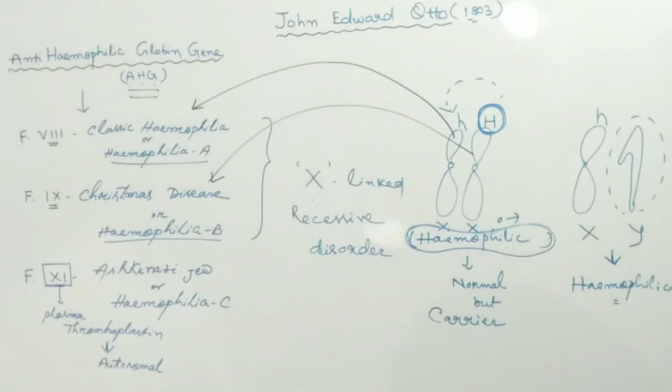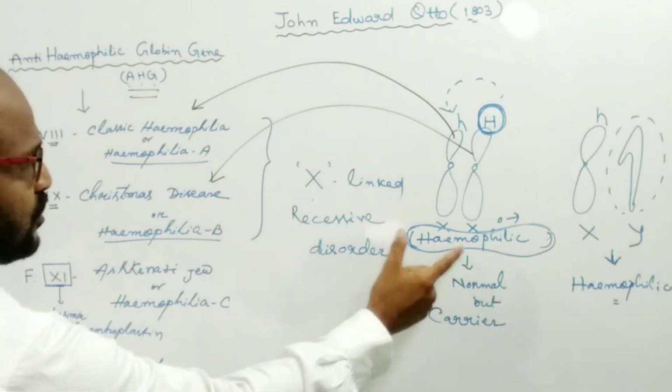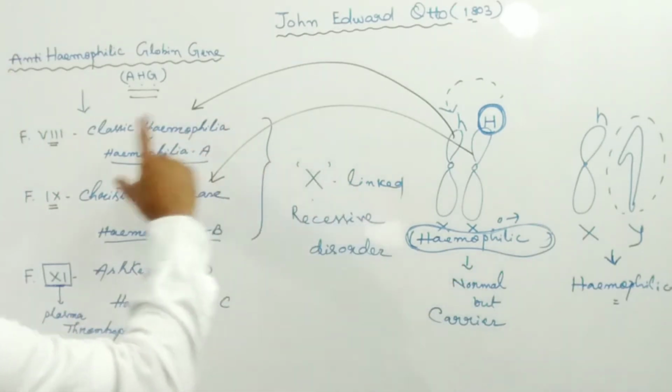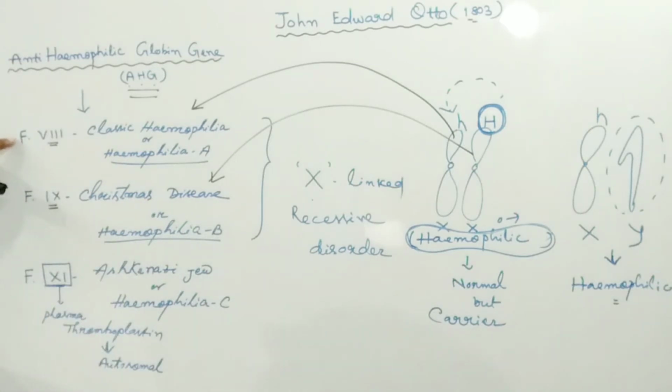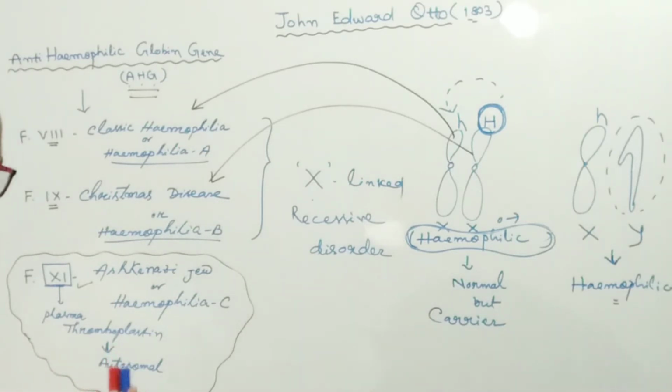So the X-linked genes present on the X chromosome are connected with the formation of blood clotting factor 8 and factor 9. Another hemophilia is caused by blood clotting factor 11, which is present on an autosome. So this is an autosomal linked character.